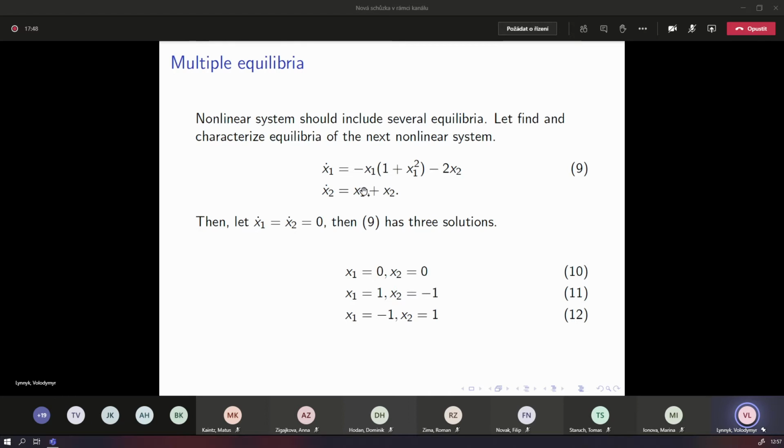When we want to find the equilibrium points, we need to set x1 dot and x2 dot equal to 0. This system has 3 solutions: x1 equal to 0, x2 equal to 0; x1 equal to 1, x2 equal to minus 1; and x1 equal to minus 1, x2 equal to 1.